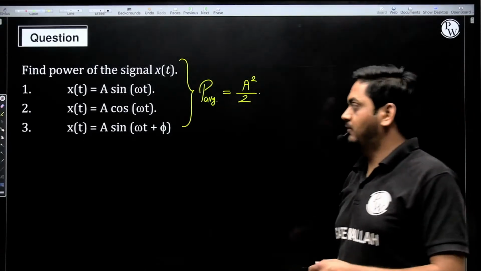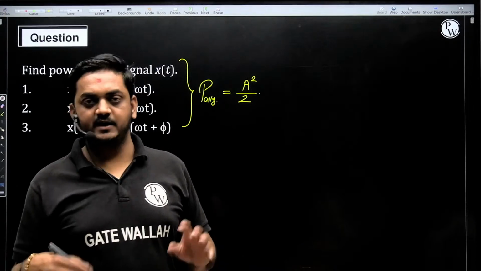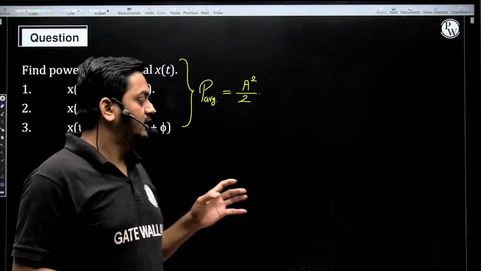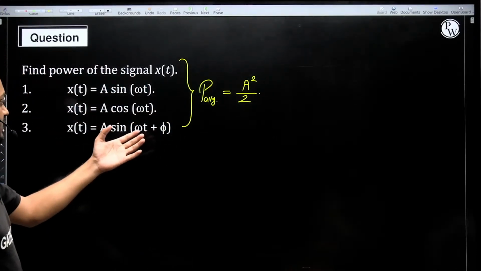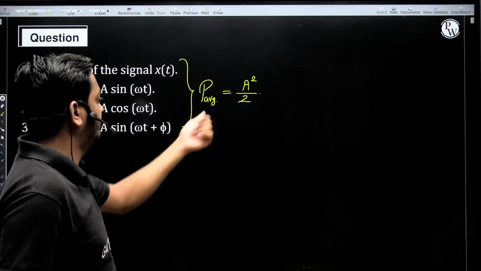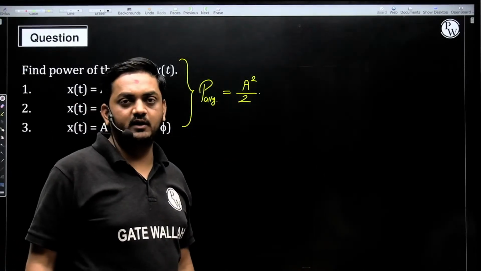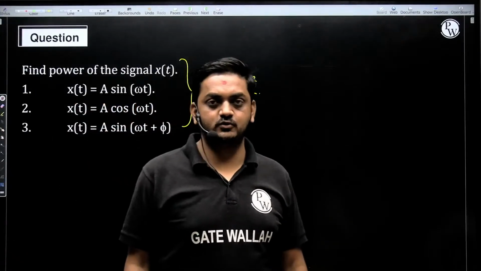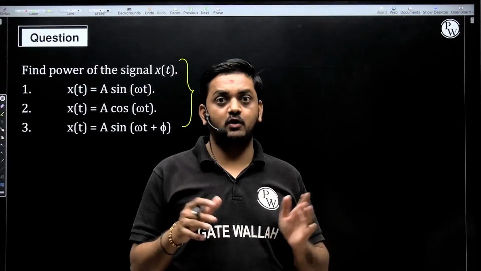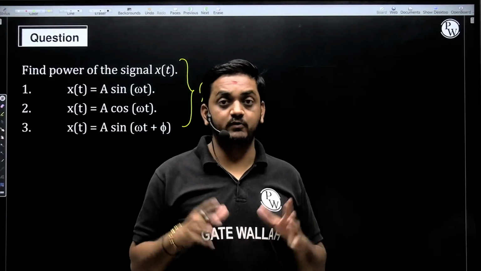So the average power of any sinusoidal function does not depend on what? The frequency, phase angle and time. Simply depends on what? Amplitude of the given signal, or peak value of the sinusoidal function. Energy is directly proportional to square of the amplitude, and it is directly proportional to width of the given signal.